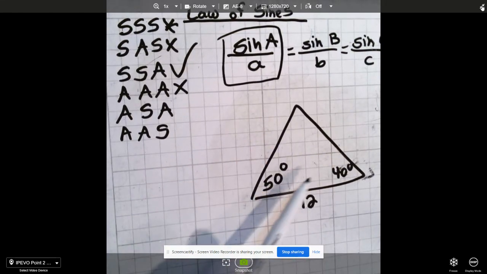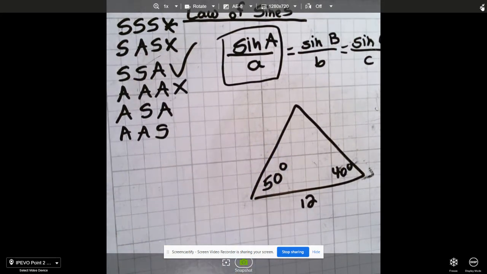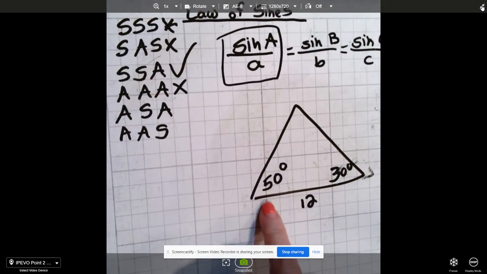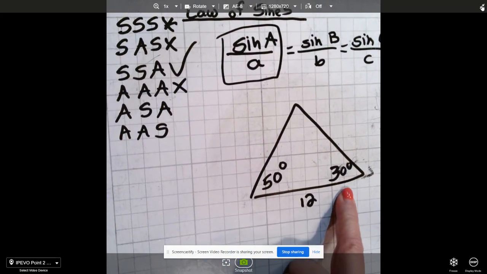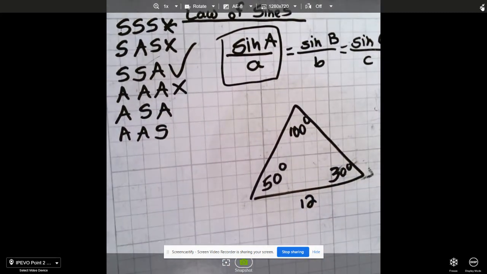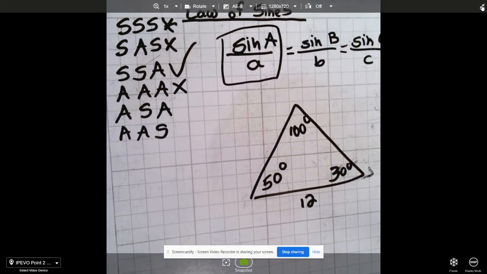But remember, if I have two angles of a triangle, I know the third one. So this is probably not really a good example, but let's just say this was 30 maybe. So if I had 50 and 30, we know that's 80. So again, this isn't drawn to scale. I know that all the angles have to add up to 180. So I know that has to be 100 degrees.